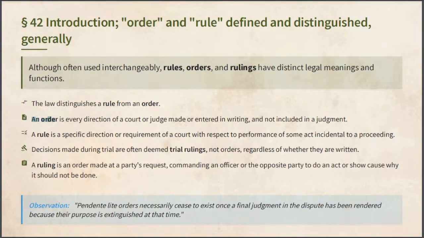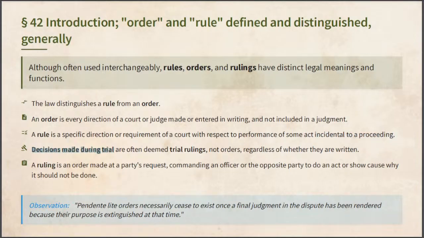An order is every direction of a court or judge made or entered in writing and not included in a judgment. So the order is not included in a judgment, and it's every direction of a court or judge made or entered in writing. A rule is a specific direction or requirement of the court with respect to performance of some act incidental to a proceeding.